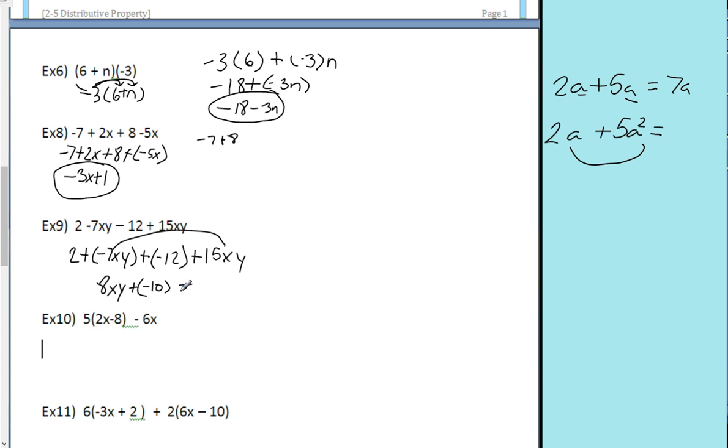But hopefully by now you're starting to realize I don't like having negatives in parentheses. So we have 8xy, and then adding a negative is the same as subtracting a positive. So 8xy minus 10.